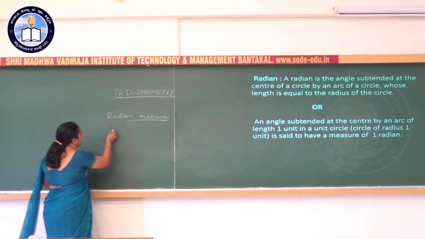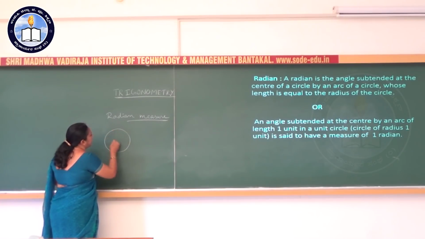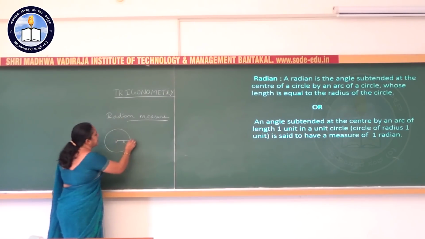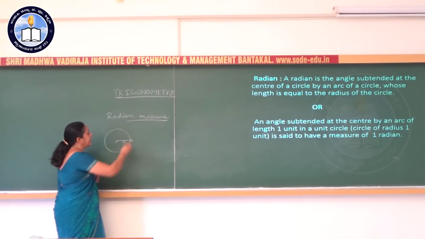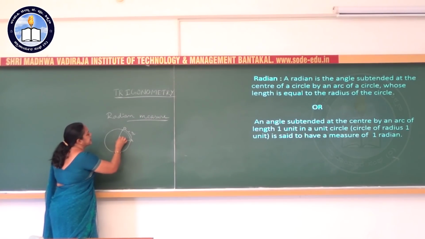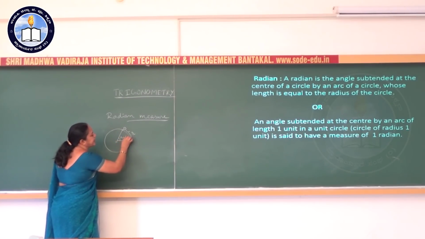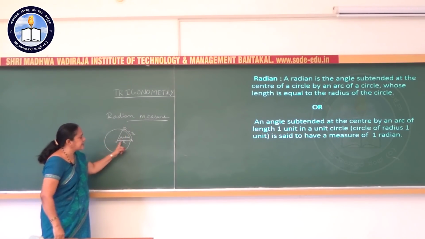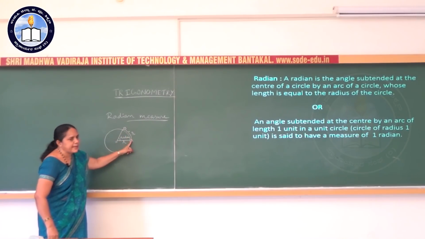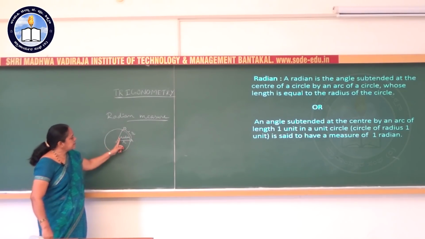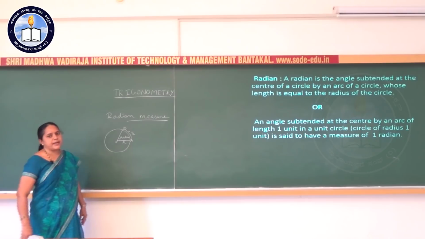That means, in a circle of radius r, O is the center of the circle, OA is the radius. If the length of arc AB is equal to the radius of the circle, that arc subtends an angle of 1 radian at the center of the circle.